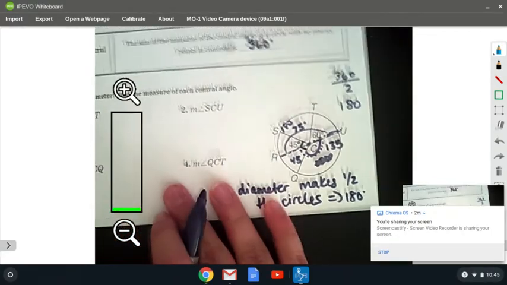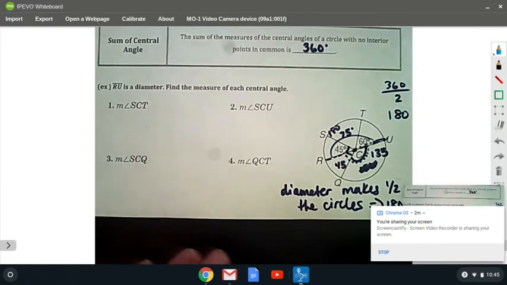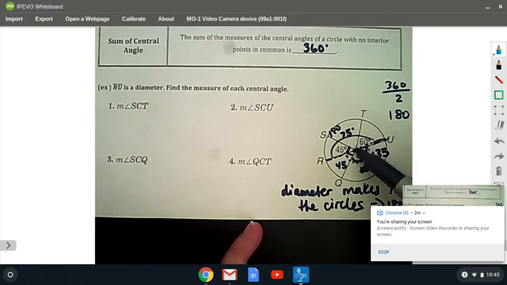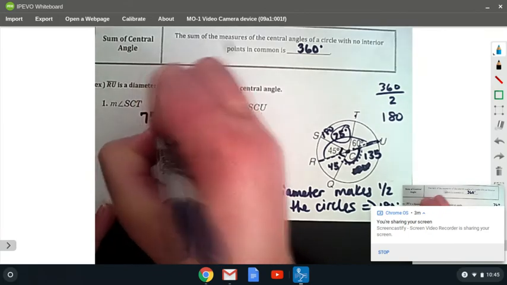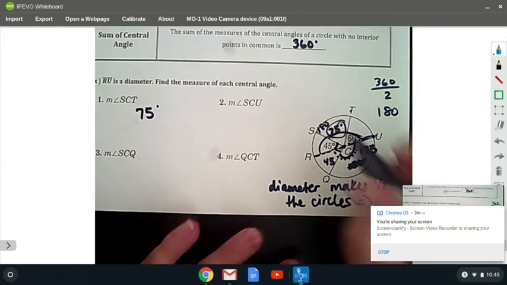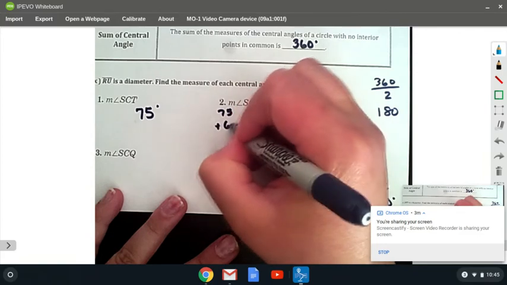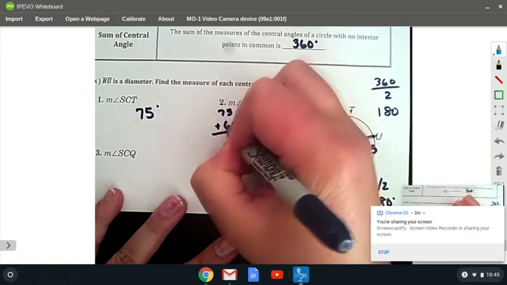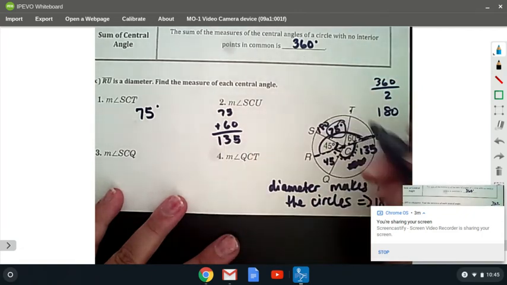All right, so now zooming out here, let's answer a few of these quick questions. What is SCT? SCT, that's the 75 that we found. SCU is 75 and 60, so I'm going to add those together. 75 and 60 gives me 135.